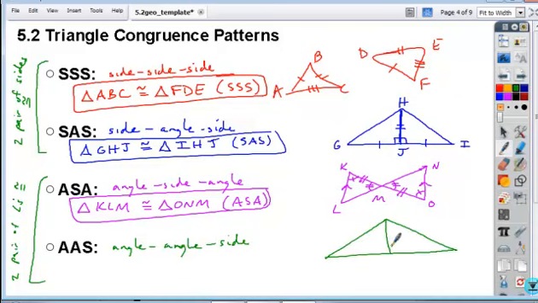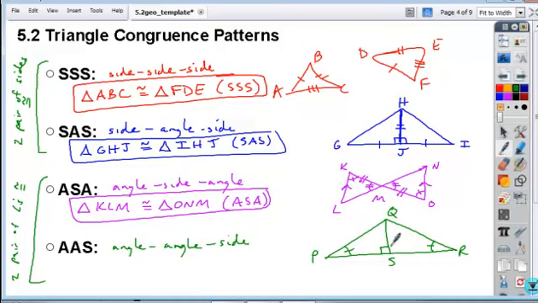So if we come back to a diagram that looks like this, okay, so if we're given this information here, would there be enough information to demonstrate that these two triangles are congruent to each other? We have this pair of angles P and R equal. We have this right angle QSP.